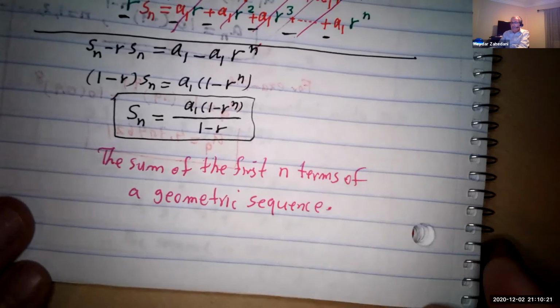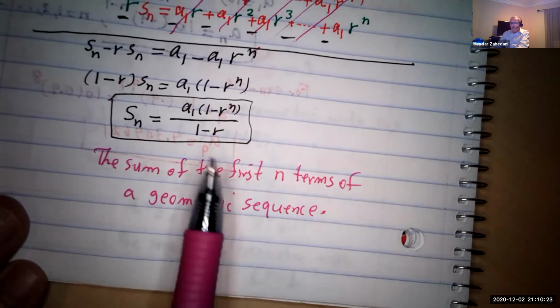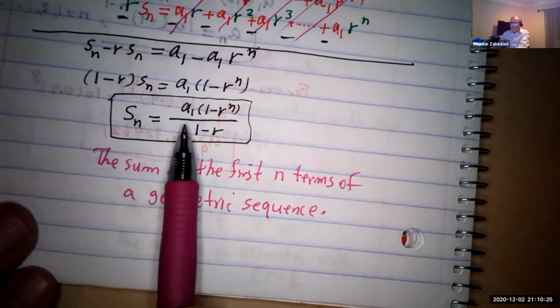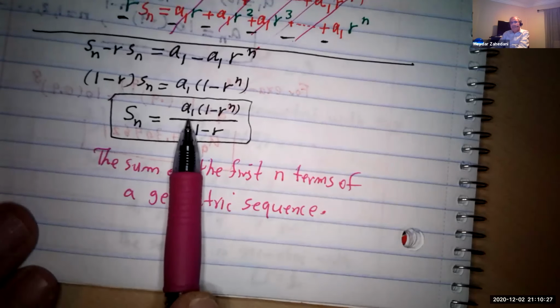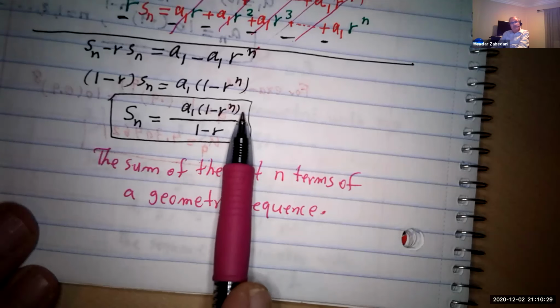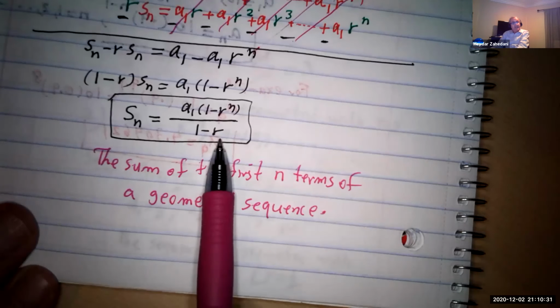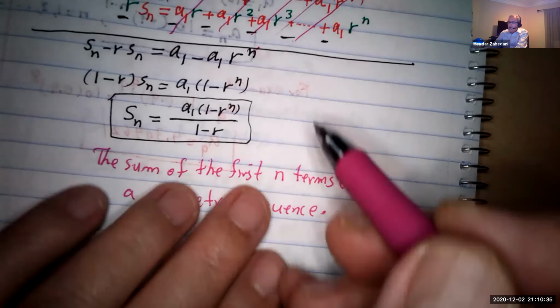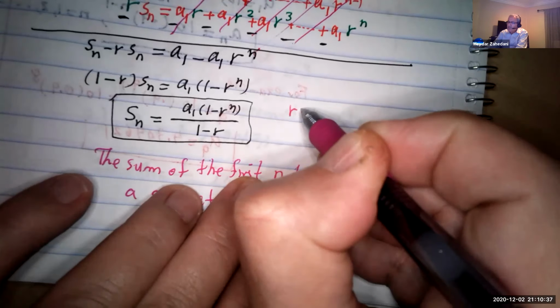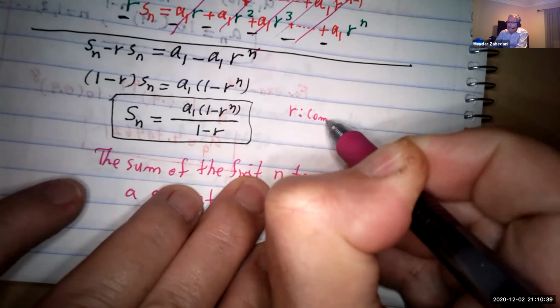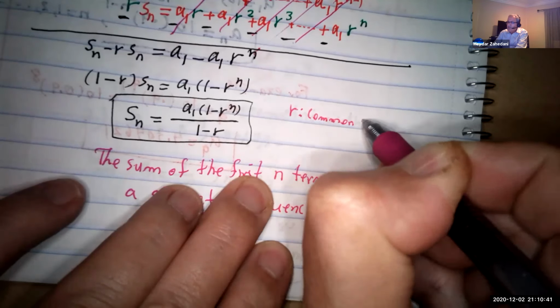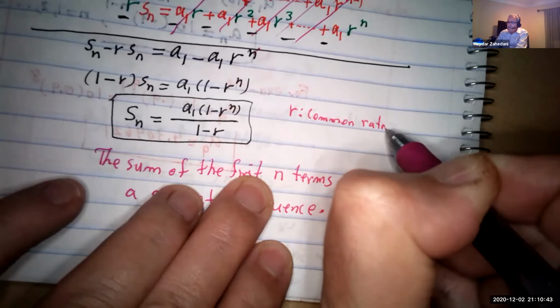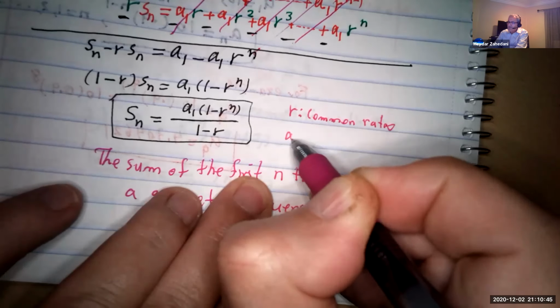So any question, make sure you memorize it correctly. A1 is outside the parentheses, the top is 1 minus r to the n, and the bottom is 1 minus r. When you use this formula, r is the common ratio, which can be found quickly, and a1 is the first term.